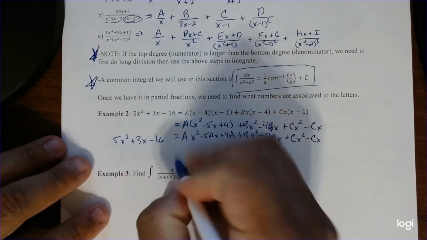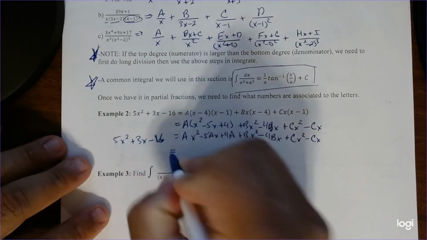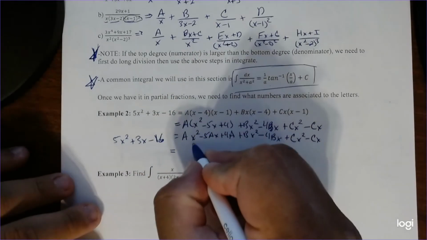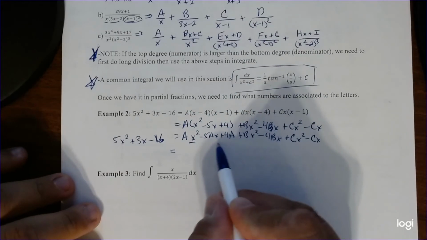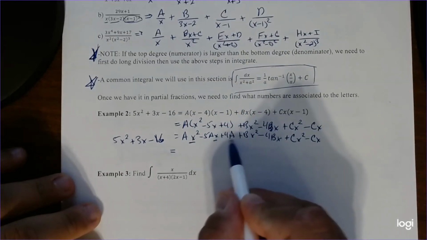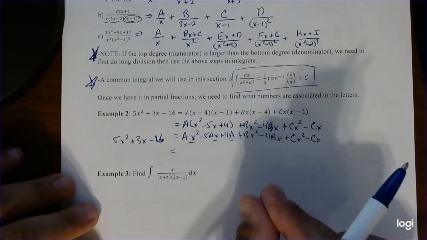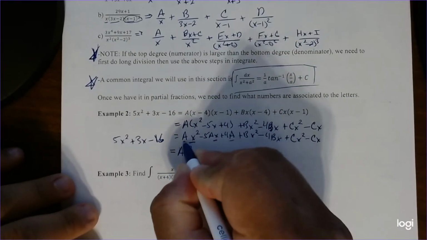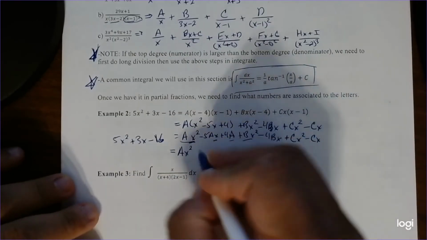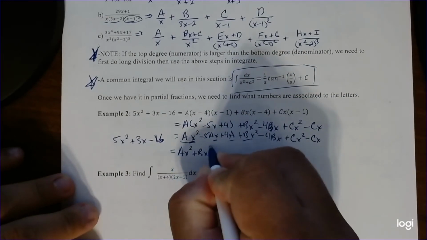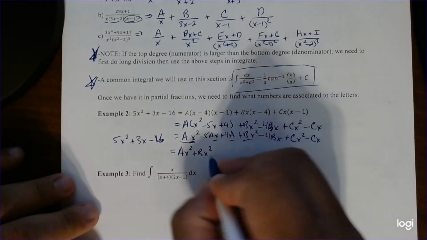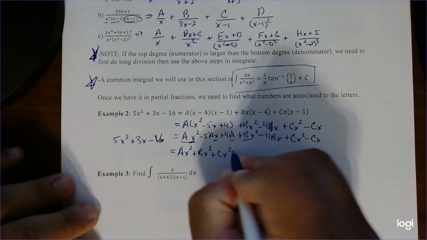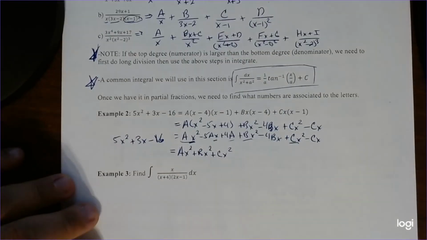Before we do anything further, I want to bring all the x squareds together, all the single x's, and all the single variables with no x's, and clump them up. So for example, here we have a x squared, plus bx squared, plus cx squared.